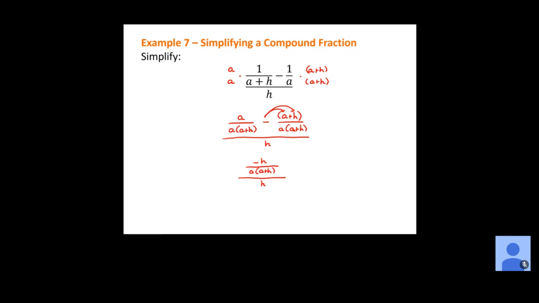All right. Now, once we've done that, now we can do what? Good, right? So keep, change, flip, multiply by our reciprocal. So we're going to have negative h over a times a plus h.